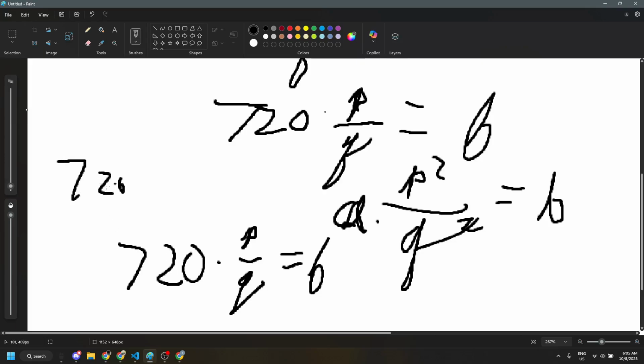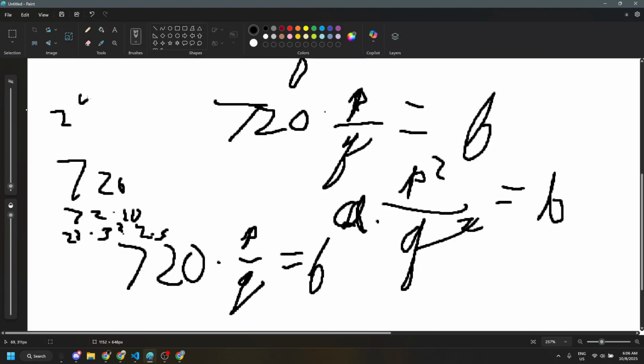So 720 is equal to, of course, 72 and 10, which is, 72 is 6 times 12. So this is 2 times 5, and this is 9 times 2 to the 3.